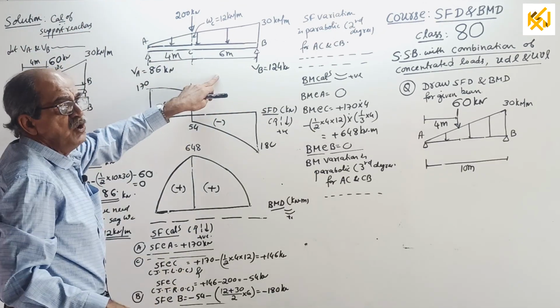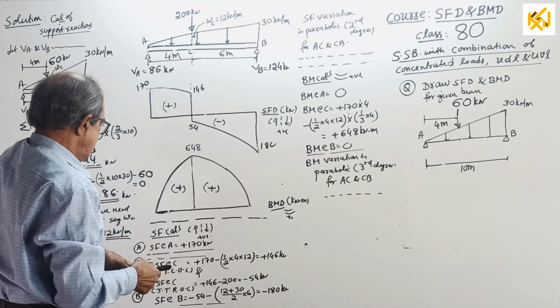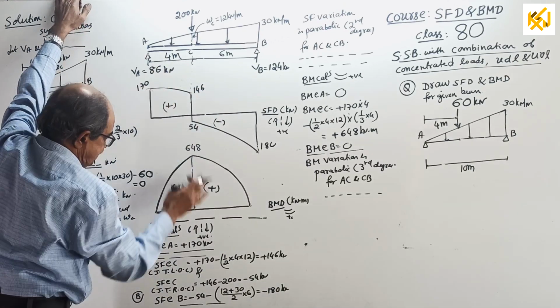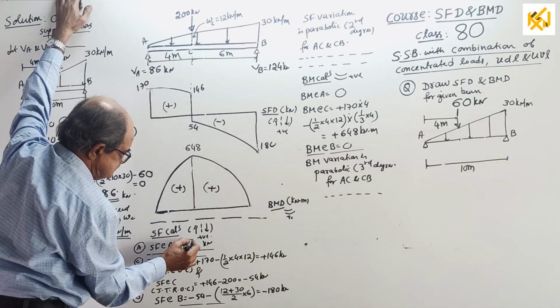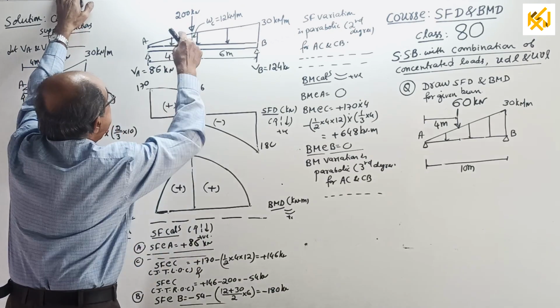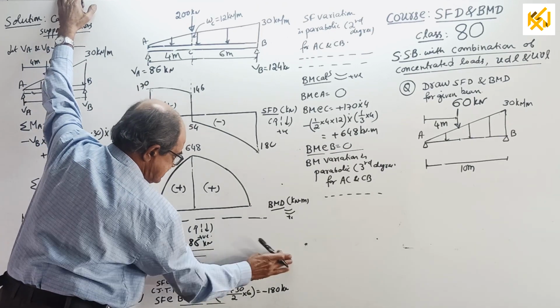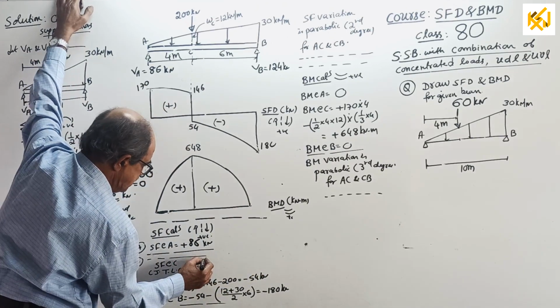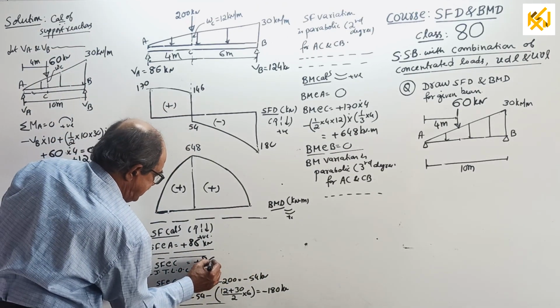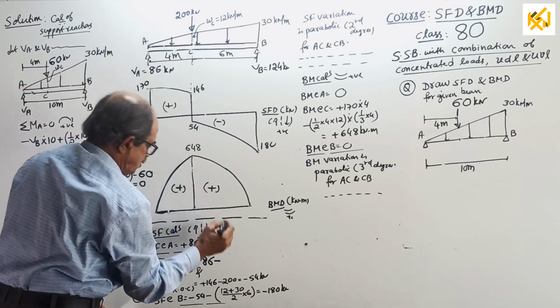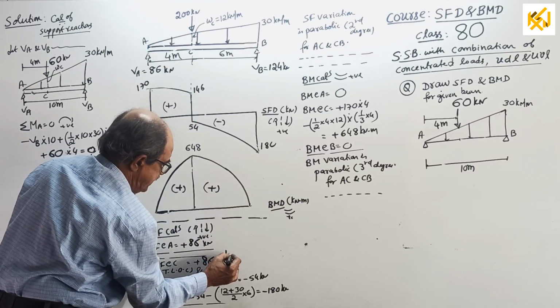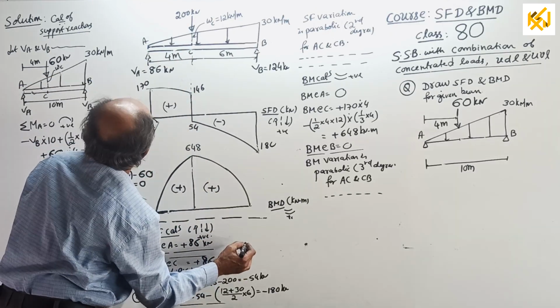Now, go for the shear force calculation. Shear force at A is plus 86. Shear force just to the left of C is plus 86 minus this much load, half into 4 into 12.